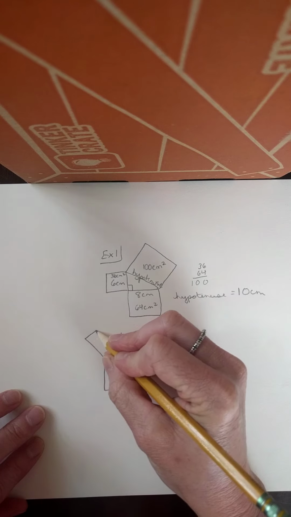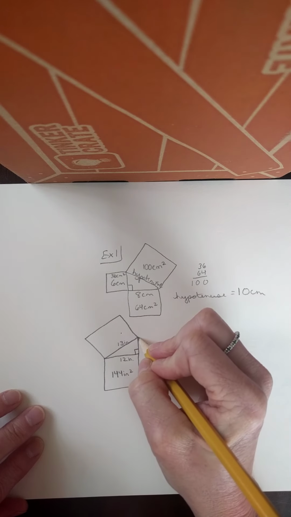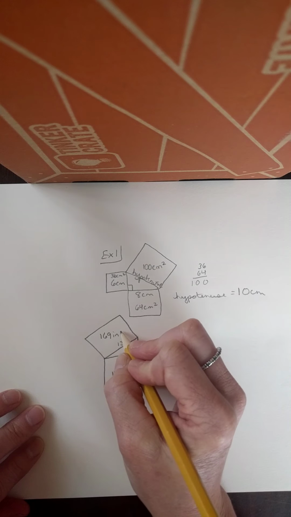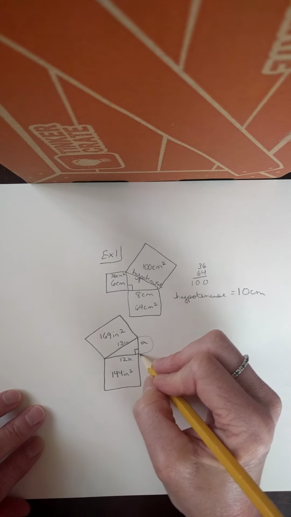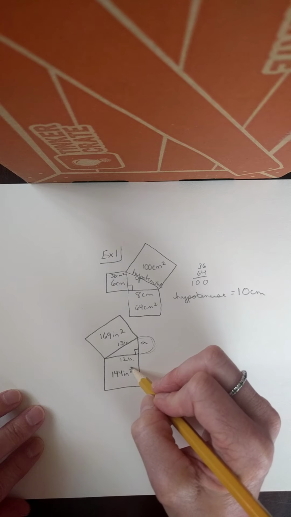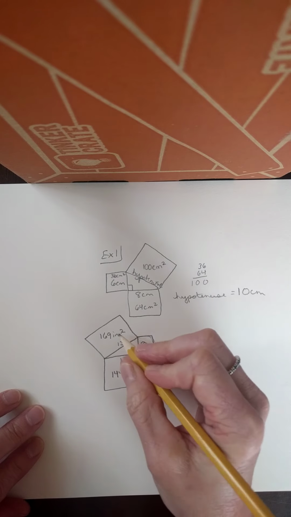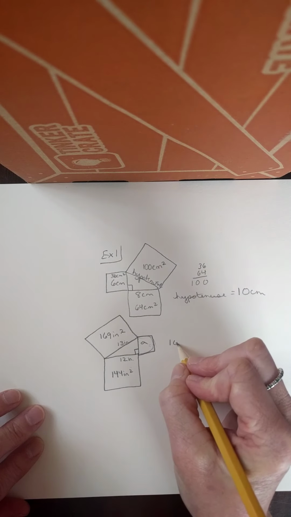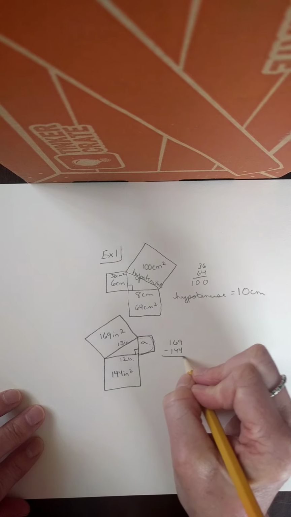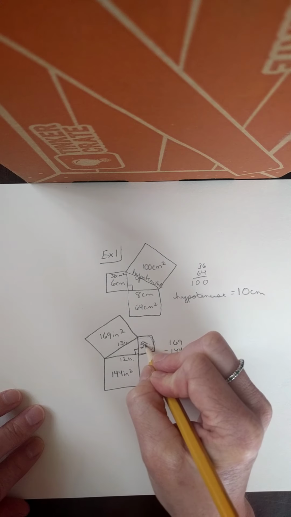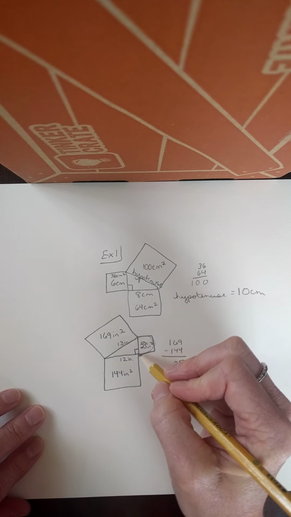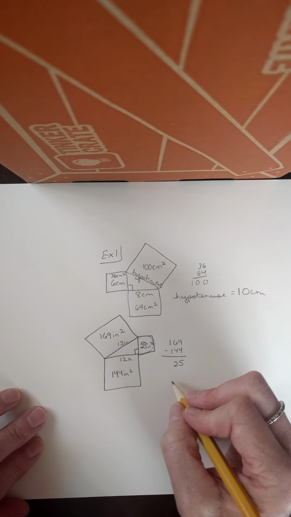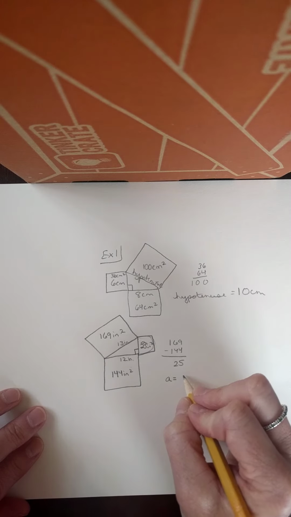If we draw a square here, it would be 13 by 13, or 169 square inches. Now this one is going to be whatever's missing, so this square plus this square will equal this square. So to find the area of this square, we subtract 169 minus 144, or 25 square inches, which means the length of that leg will be the square root of 25, or 5 inches.